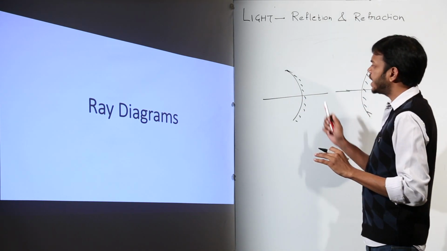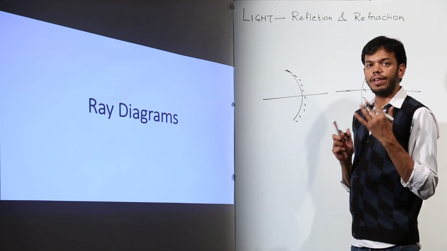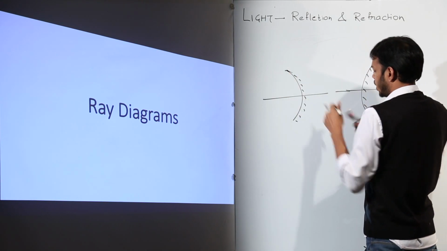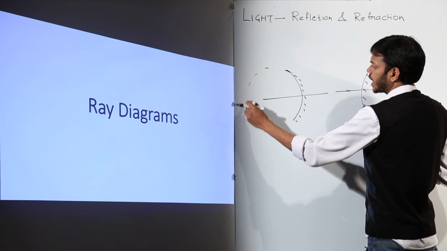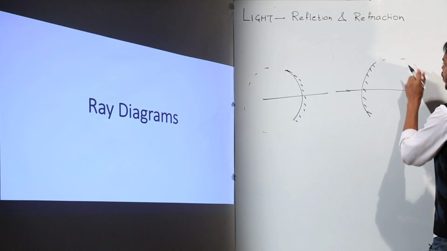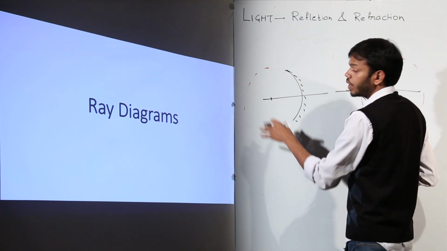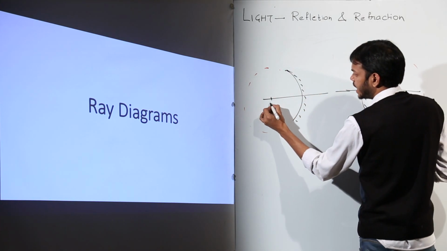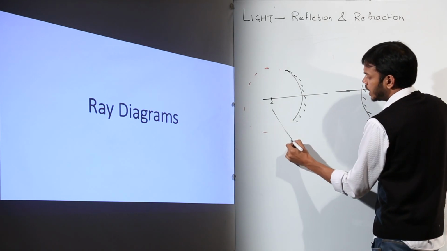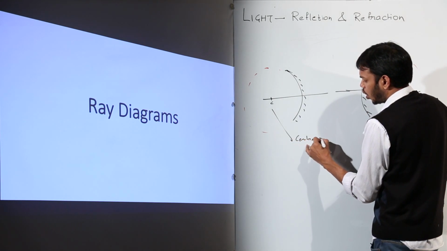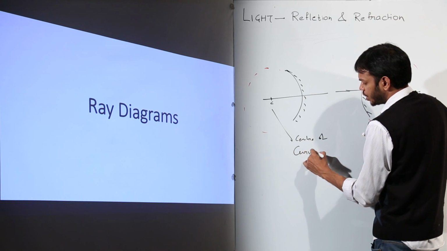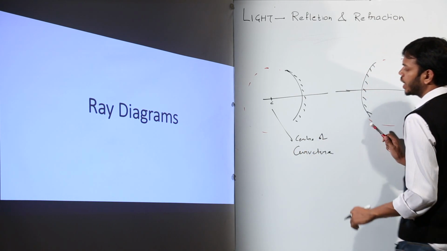First of all, this mirror is definitely going to be a part of a big sphere, right? So there would definitely be some radius or the center of the sphere. That center C would be called the center of curvature. This is the first important point.